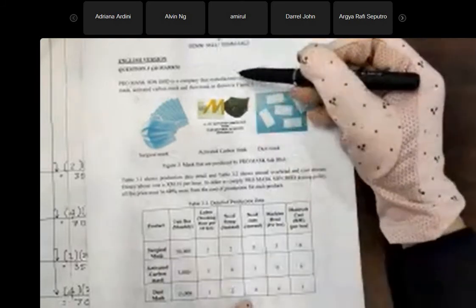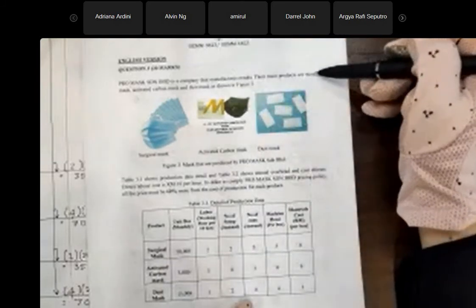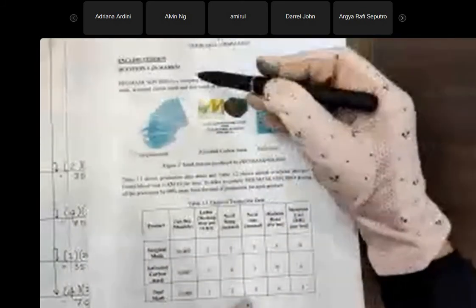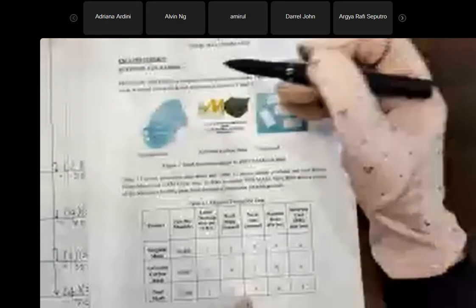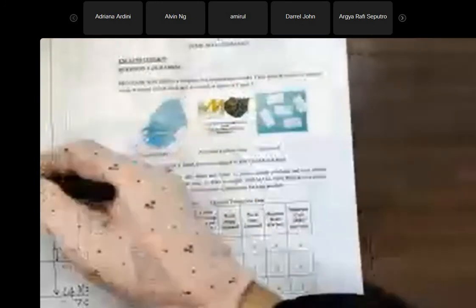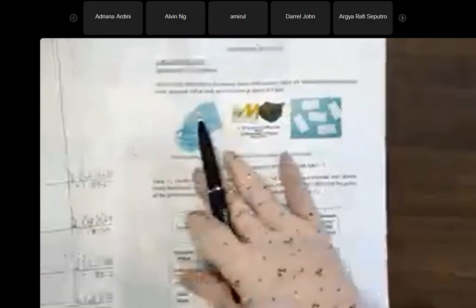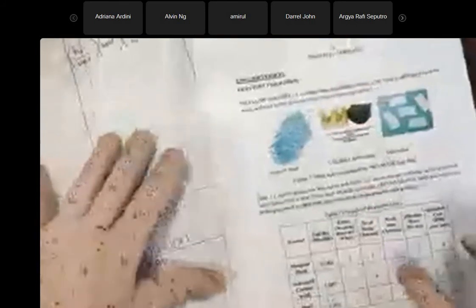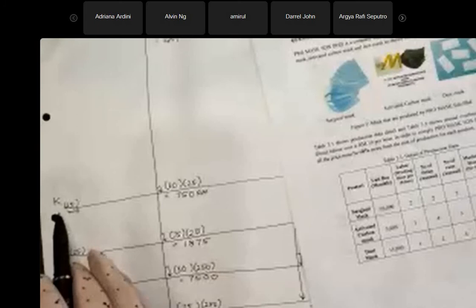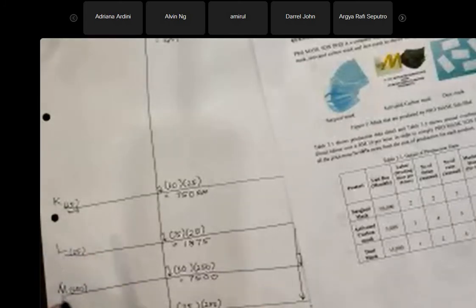Promax is a company that manufactures masks. Their main products are surgical masks, activated cover masks, and dust masks. That means they have 3 products. So yang ni ada 3, and dia punya distribution here is 3. Yang KLMN ni maknanya ada 3 products lah. And you have surgical mask, activated, and dust masks.